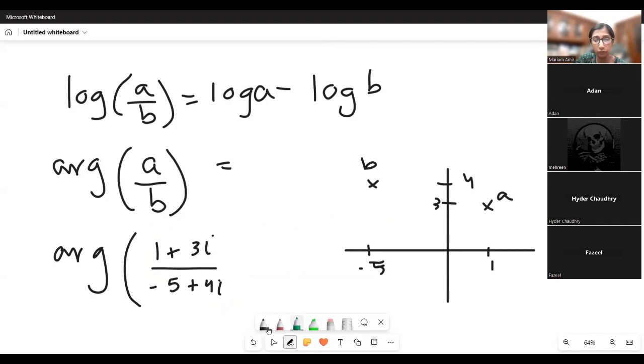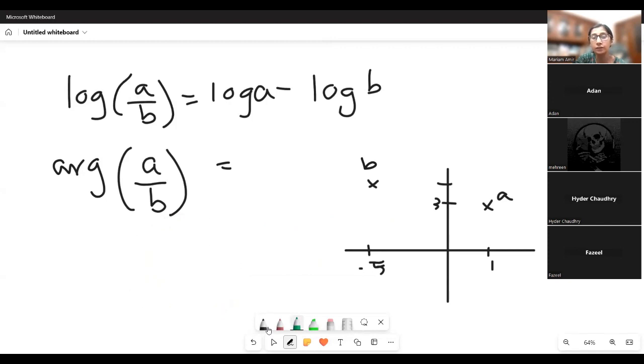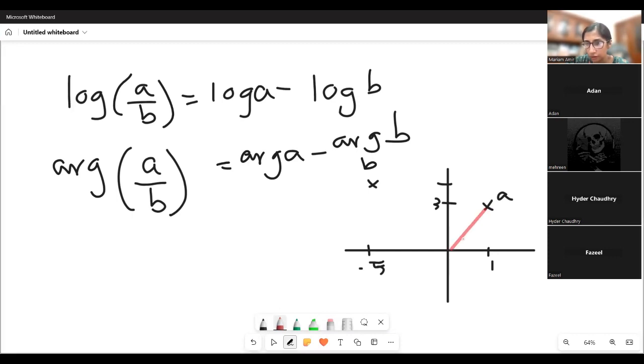Instead, you will use this property: the argument of A divided by B is the argument of A, which most likely you would have already found in the previous parts, minus the argument of B. So if you find the argument of A, what is the argument of A? This angle from the origin.